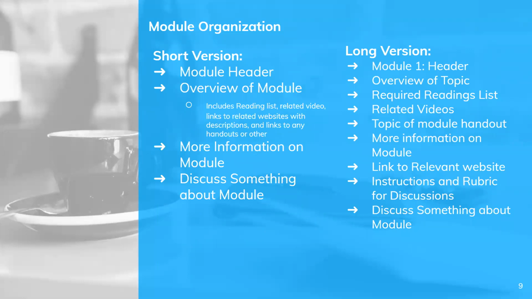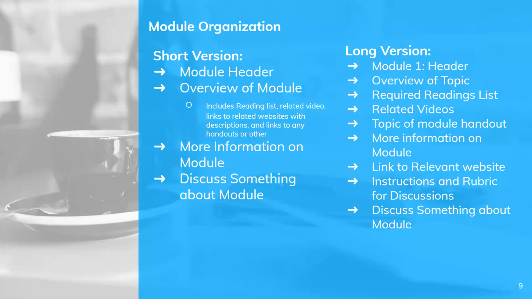You don't want to overwhelm students with too much on the first page. Then you want to have a discussion, and included in that would probably be an activity as well as an assessment.